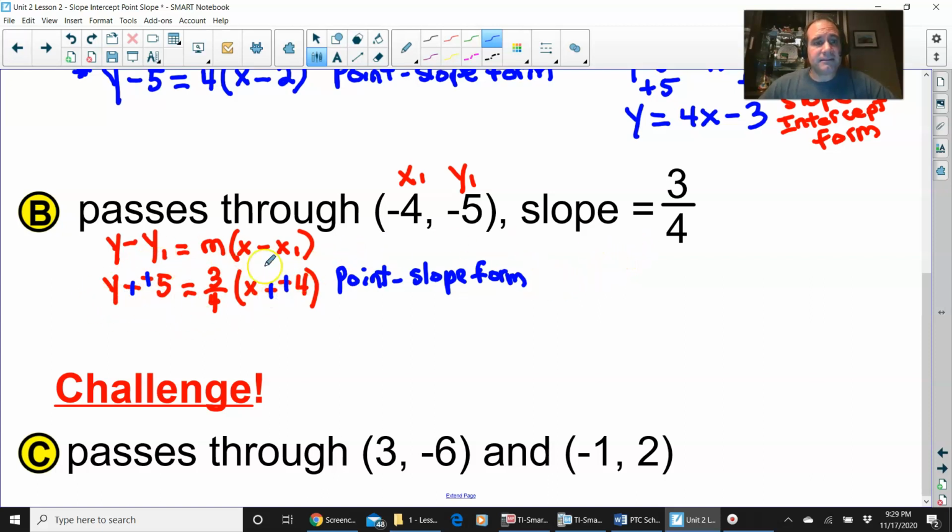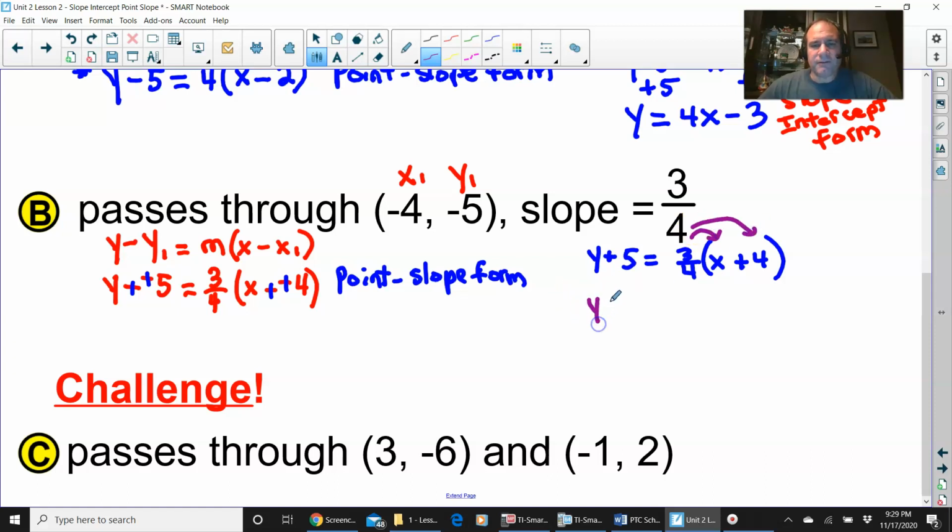We have to get this into slope intercept form. So I'm going to go over here. Put y plus 5 equals 3/4 times x plus 4. So let's go ahead and distribute this.